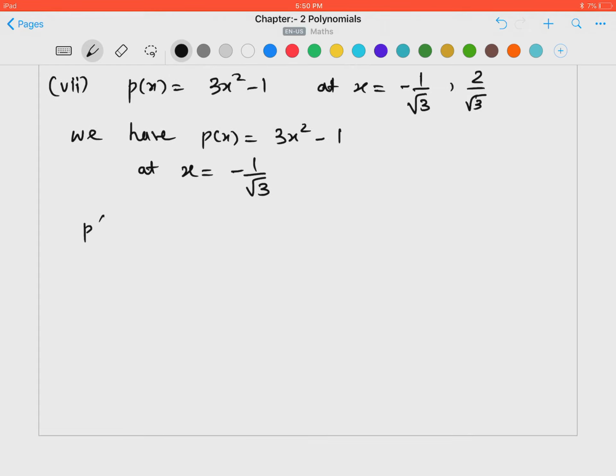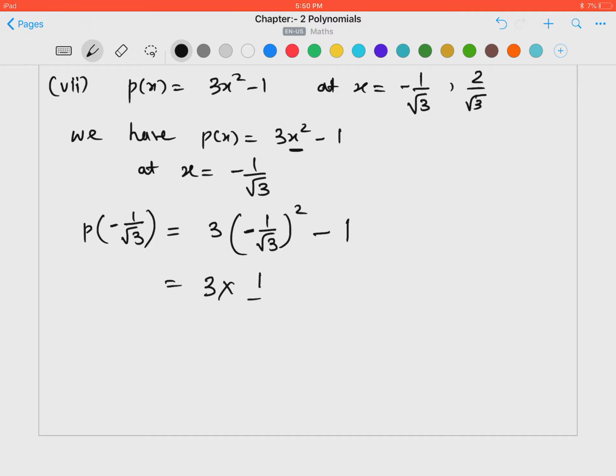So that is p of minus 1 by root 3 equals, at the place of x here we will write 3 times minus 1 by root 3 square minus 1. So this will be 3, this minus square, that means minus minus will become plus.